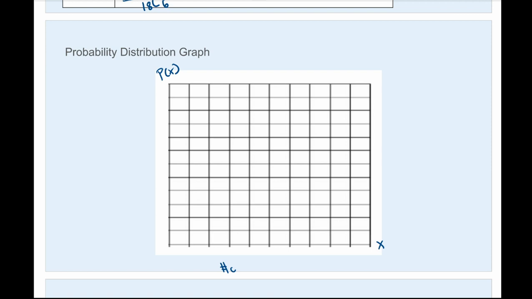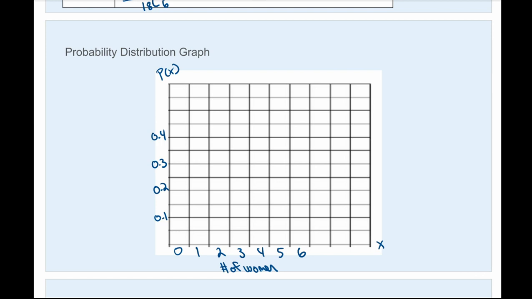So here it's number of women, 0, 1, 2, 3, 4, 5, and 6 of them. If we wanted to, we can just say 0.1, 0.2, 0.3, 0.4.